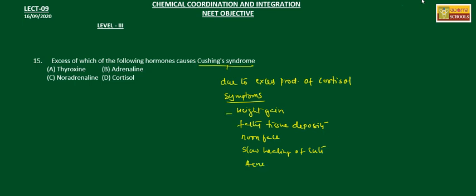These are symptoms of Cushing's disease, Cushing's syndrome. So excess of which of the following hormones causes Cushing's syndrome? That is due to excessive production of cortisol. So the option D, cortisol, is the right answer.